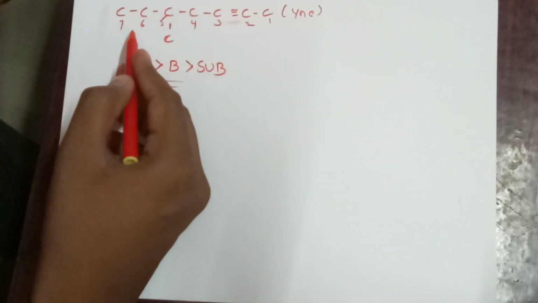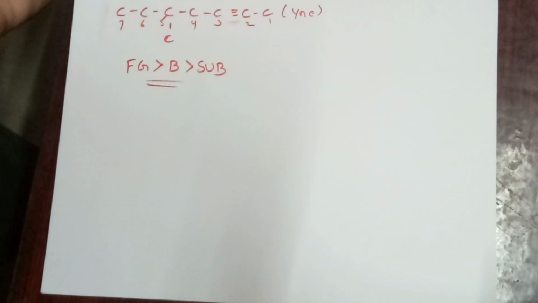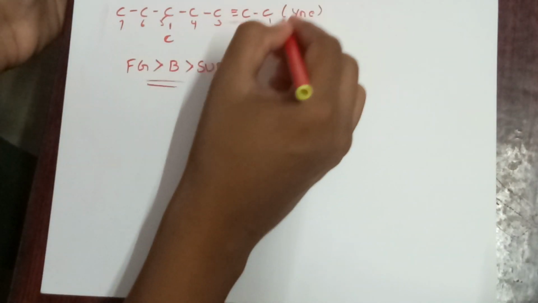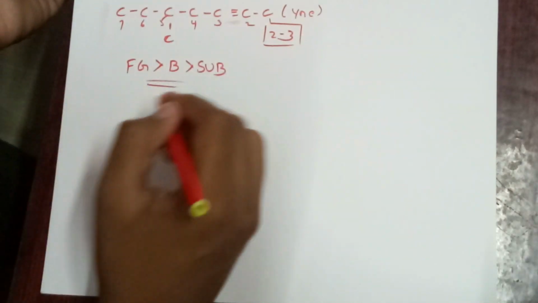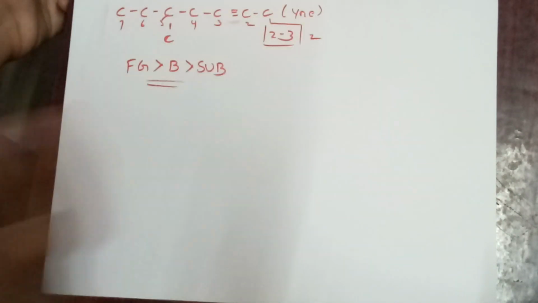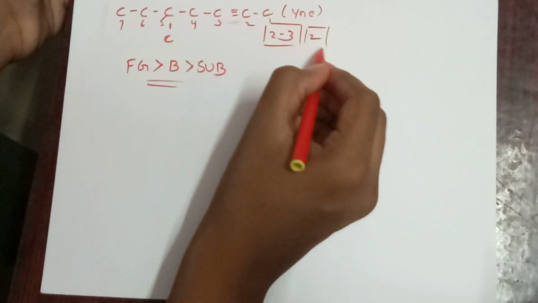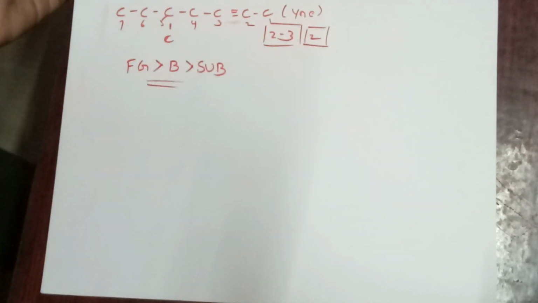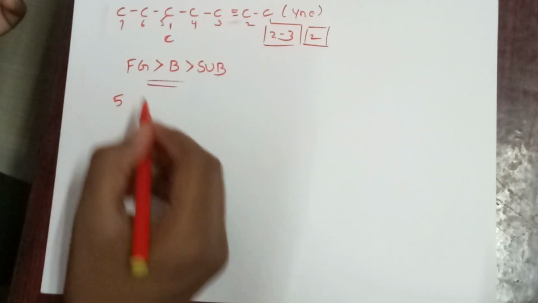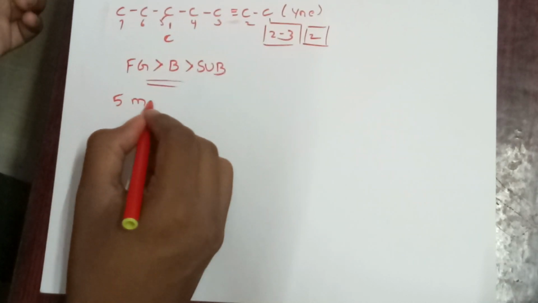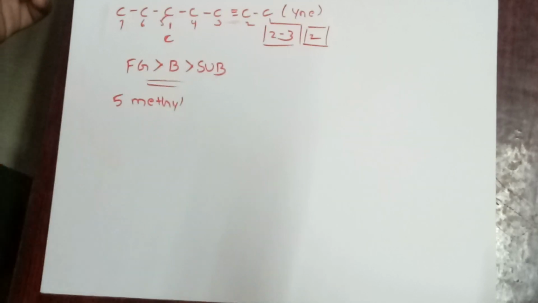This is the longest chain, so we should only consider that one, right? So where is the bond? Between 2 and 3. In 2 and 3, which is the smallest? 2. We have to write 2. And where is the extra carbon branch present? At 5. So 5 methyl, because only one carbon is there.